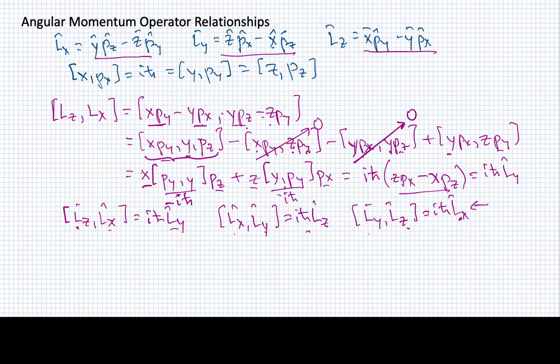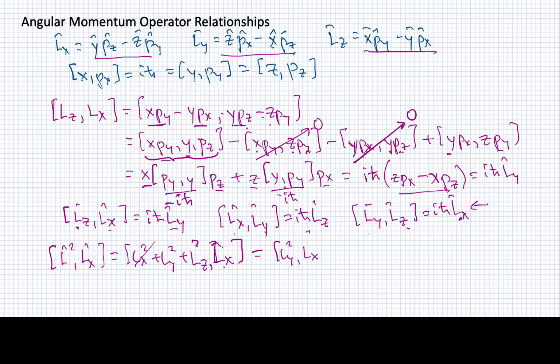Now, you can also show using this that L squared, which is Lx squared plus Ly squared plus Lz squared, commutes with Lx. The Lx squared is going to commute with Lx, so I don't have to worry about that one. So I'm left with two commutators: one is Ly squared with Lx, and one is Lz squared with Lx.